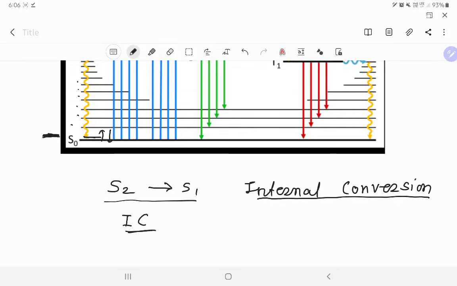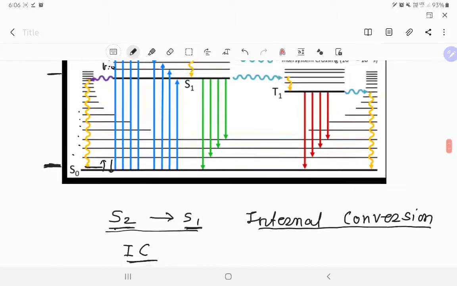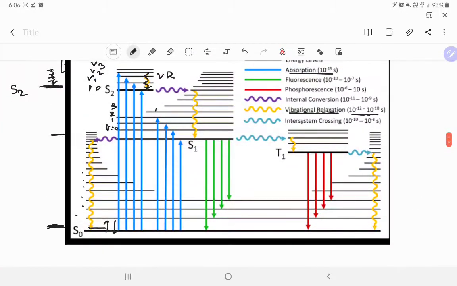What do you understand by internal conversion? Internal conversion is the transition from a higher singlet state to a lower singlet state.